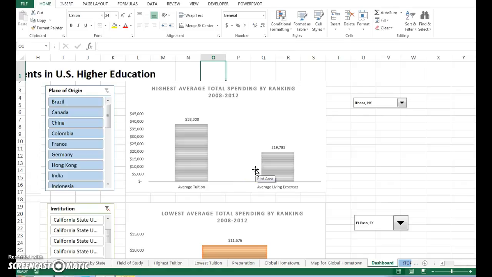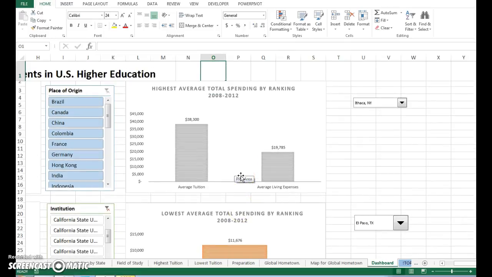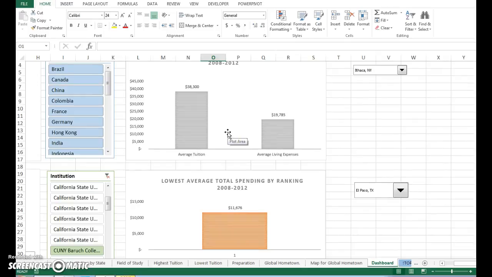On the upper right side of this spreadsheet, I put 2 charts separately, both about the total spending of the international students, which is easier to compare the highest and the lowest tuition and living expenses in those institutions from 2008 to 2012.